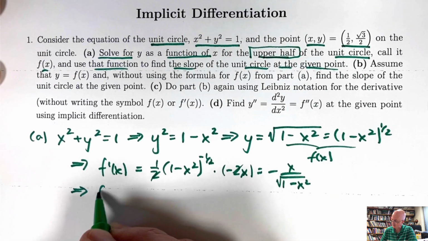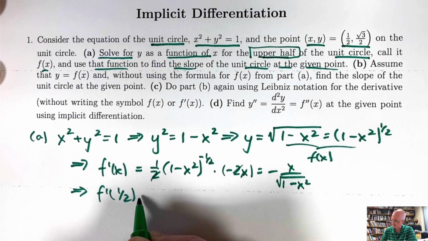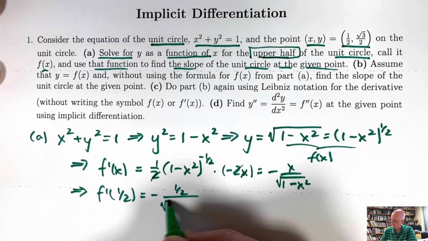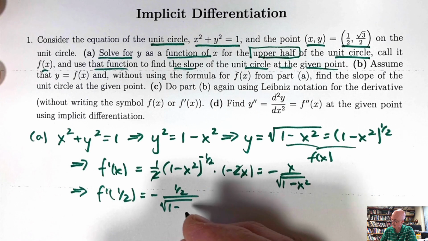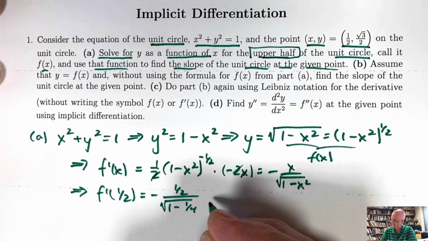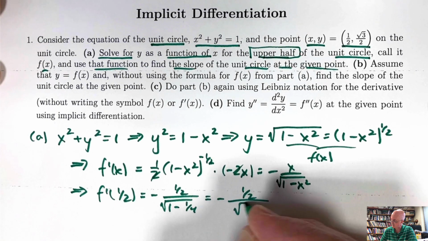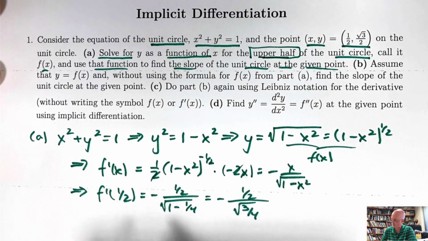So f prime of 1/2 will be negative. We can put a 1/2 up here. Square root of 1 minus 1/2 squared. 1/2 squared is 1/4. So this becomes negative 1/2 over square root of 3/4, right? 1 is 4 over 4. 4 over 4 minus 1 over 4 is 3 over 4.